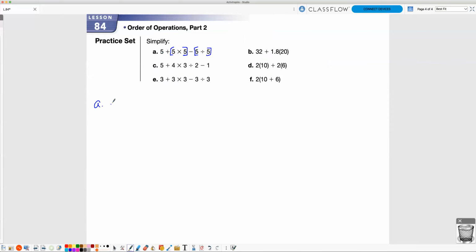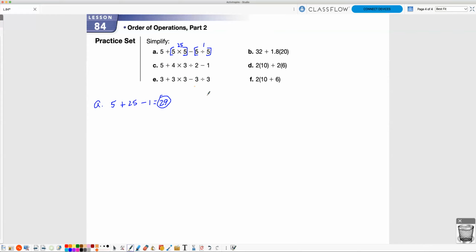So I'm going to rewrite it: 5 plus 25 minus 1, because I know that this part is 25, I know this part is 1, and I need to keep these operations here. Now I just move from left to right. 5 plus 25 is 30, minus 1 makes 29. So that would be my answer for that one.